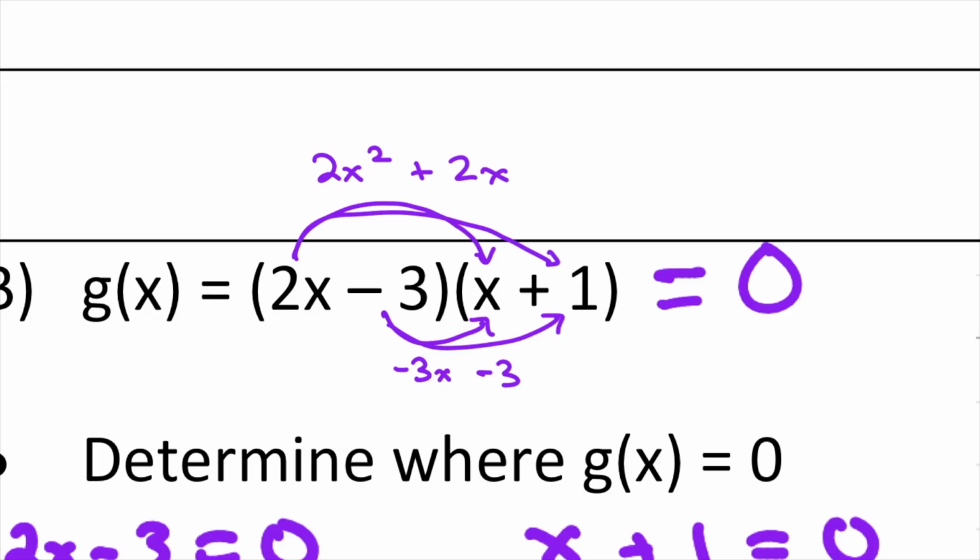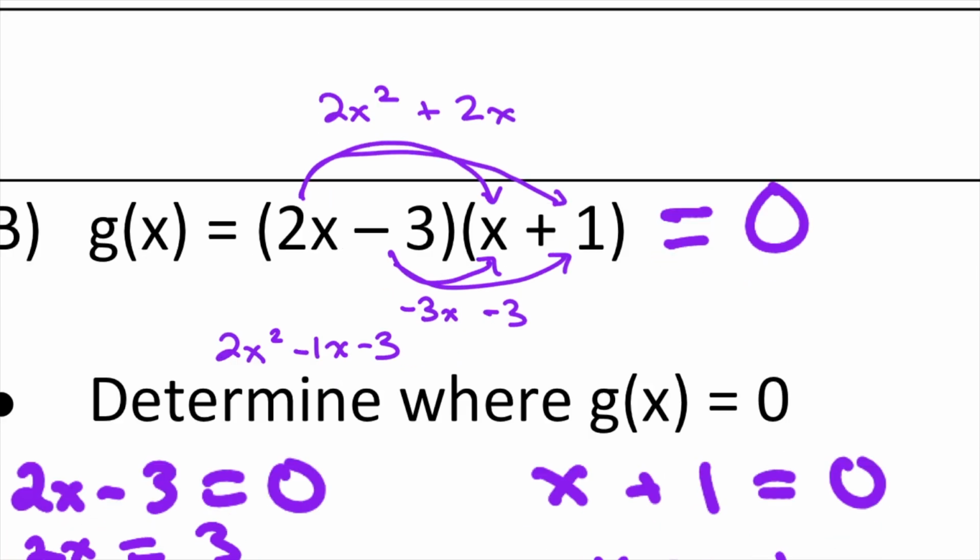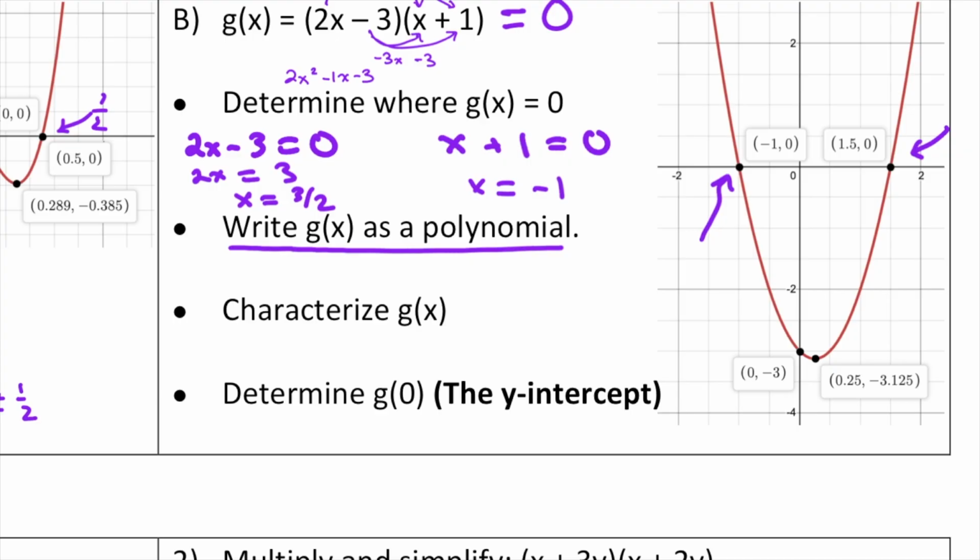So our polynomial is going to be equal to 2x squared minus 1x minus 3. Characterize g of x. It's a quadratic because it's to the second power, and it also is a trinomial because it has 3 terms.